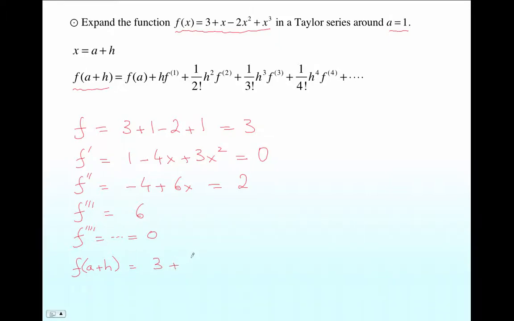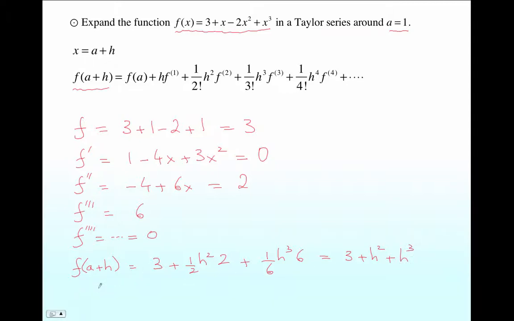And then there's half of h squared, and there's 2 here, and then 1/6 h cubed times 6, and that's it. And so this is 3 plus h squared plus h cubed.